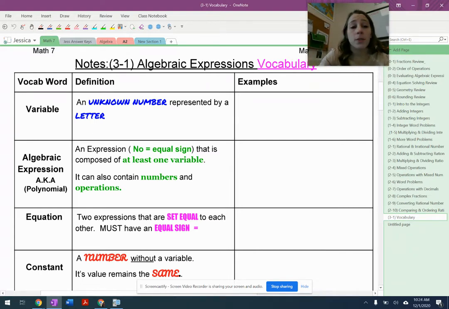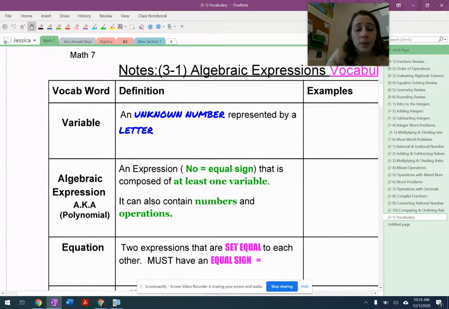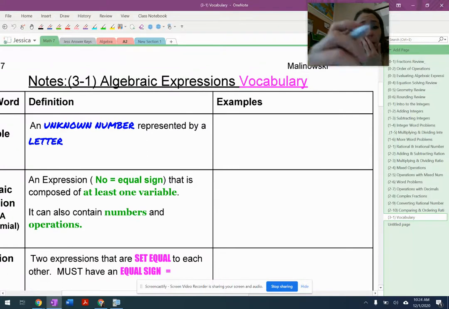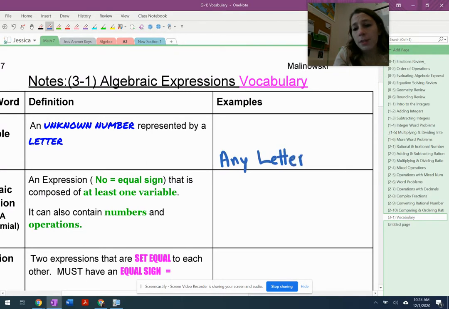The first vocabulary word is variable. And a variable is an unknown number represented by a letter. So the key thing that we're focusing on there is that this can be any letter whatsoever. Variables can be any letter. There are some letters that we stay away from because of how they look like numbers.